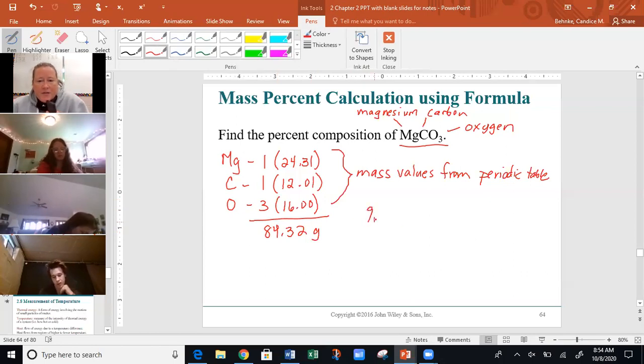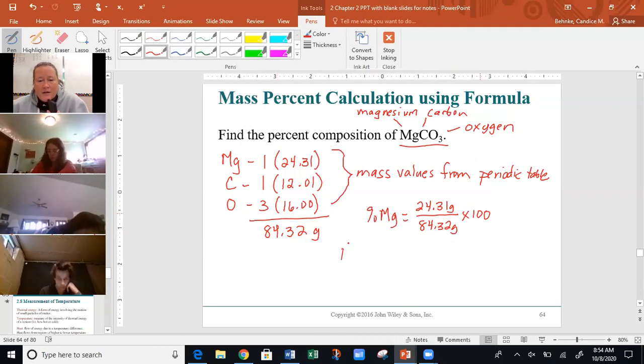So my percent magnesium is going to be 24.31 grams divided by 84.32 grams times 100.